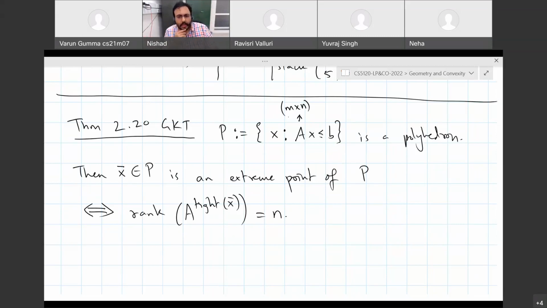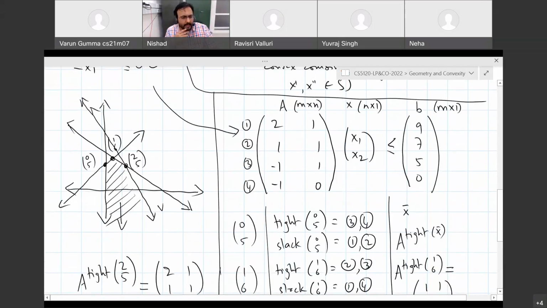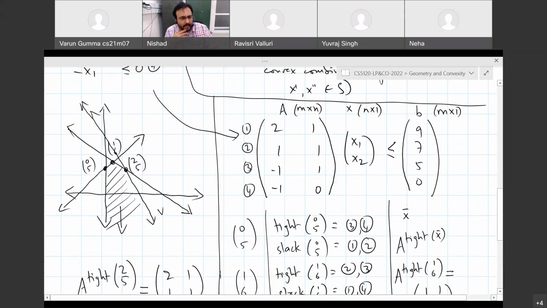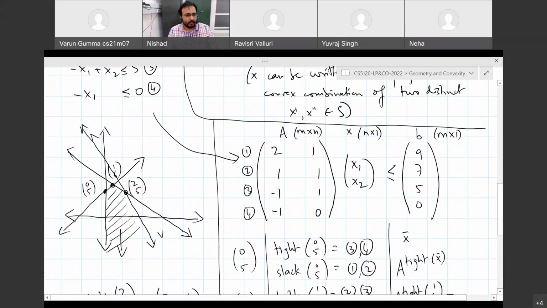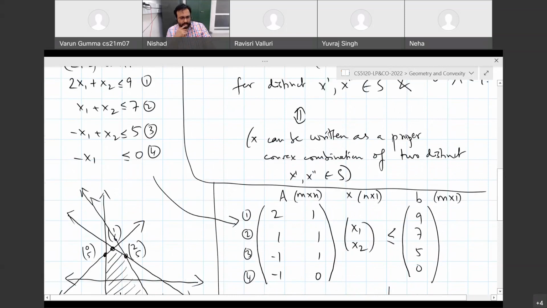Okay. So let's look at an example which is not an extreme point. Can somebody give me a point that is on one of the lines but is not an extreme point? Right, we have (3, 3).